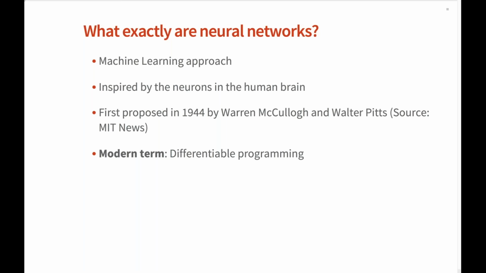According to MIT News, it was first proposed in 1944 by two researchers, Warren and Walter, from University of Chicago. And the modern term used for neural nets is differentiable programming. You will see in my upcoming examples today why it is called such.